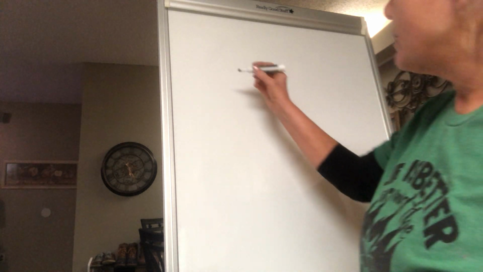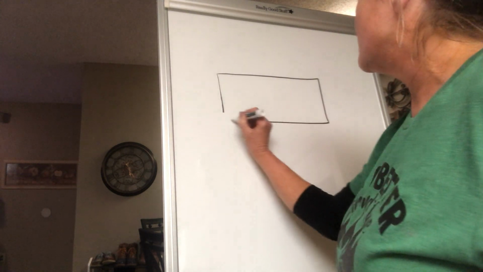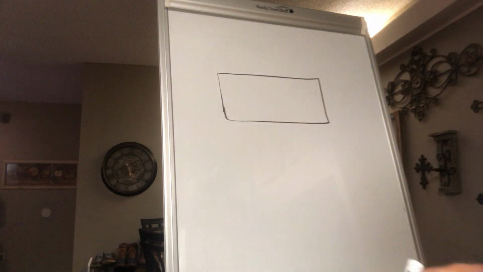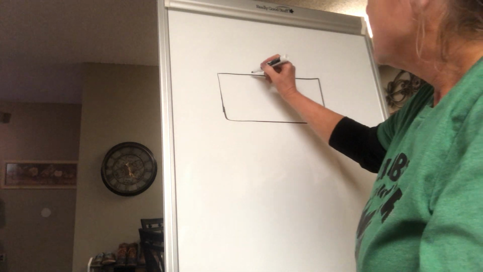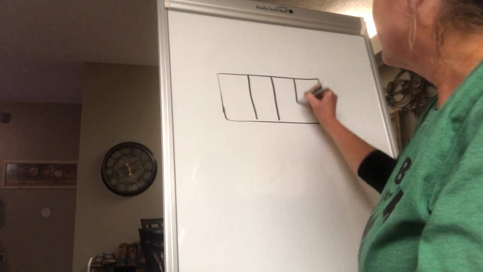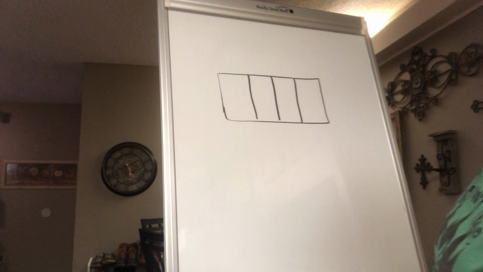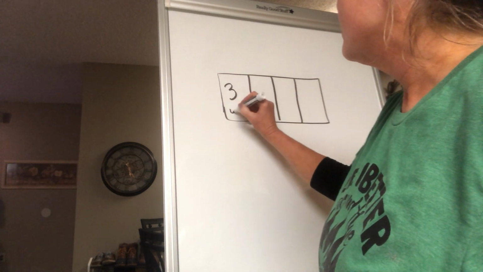So if I think about my package of sunflower seeds, I'm going to draw this, and that's just going to be my pack of sunflower seeds. I know that it was in fourths, and I know that 1/4 of it is 3 ounces.